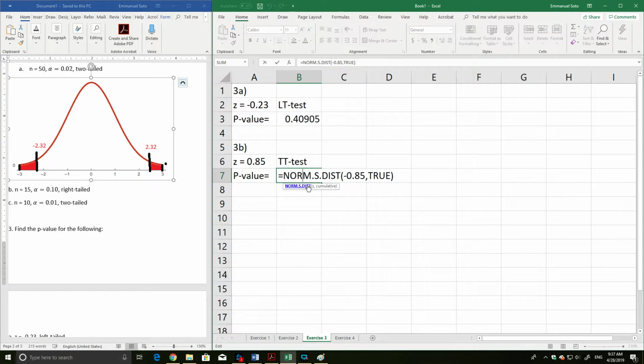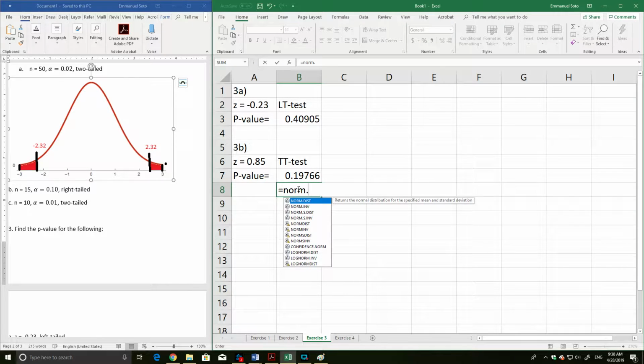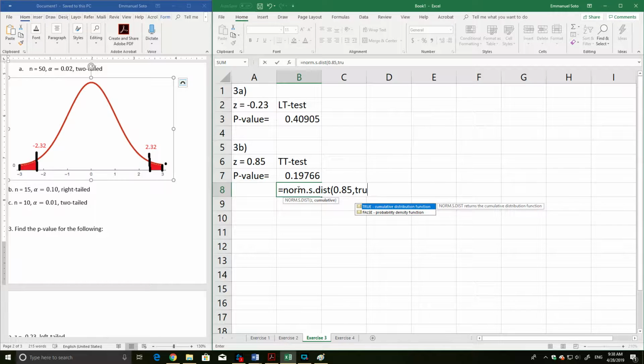So if you were to use the positive version like this and say true, oops, this is the wrong function. So if you were to use the positive z and say true, then you have to remember that, okay, well, that gives me a large area. I need to do 1 minus to get this small area to the right. And that will give me the same value.